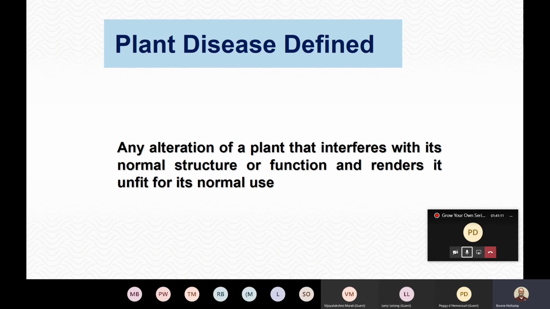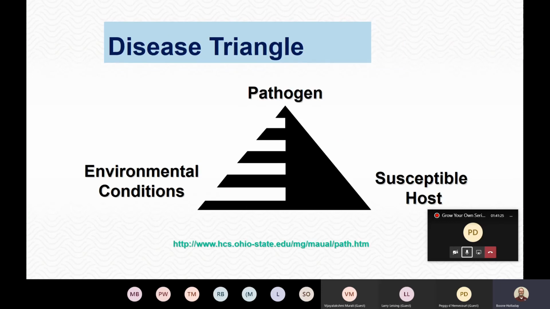Okay, so we can have the pathogen or the organism active in those areas, but until they impact the plant in a negative way, we don't call that a disease. So for a disease to happen, we have this thing called the triangle.